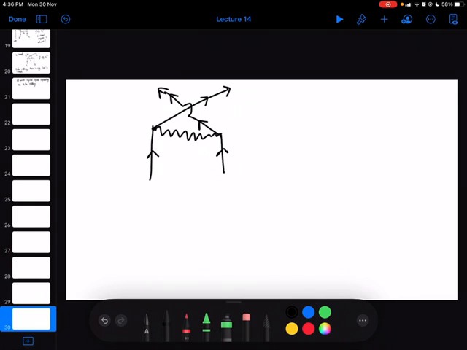Okay, so this is the vertex, and let's just say this is also q square. Now this is P1, P2, this is P3, this is P4.